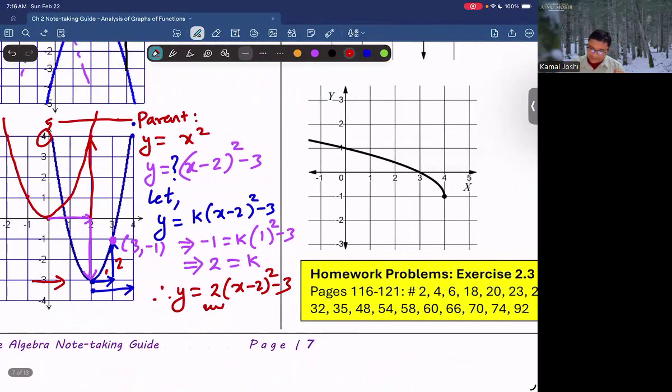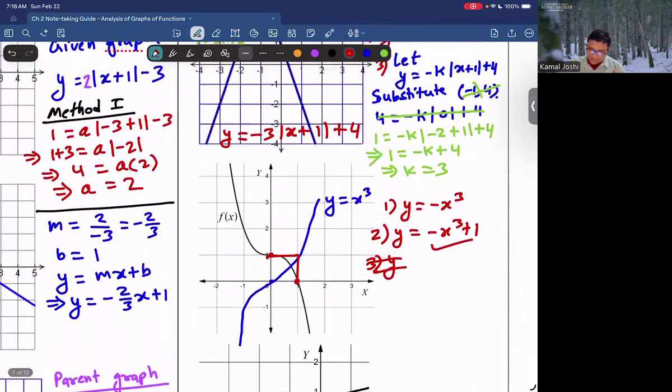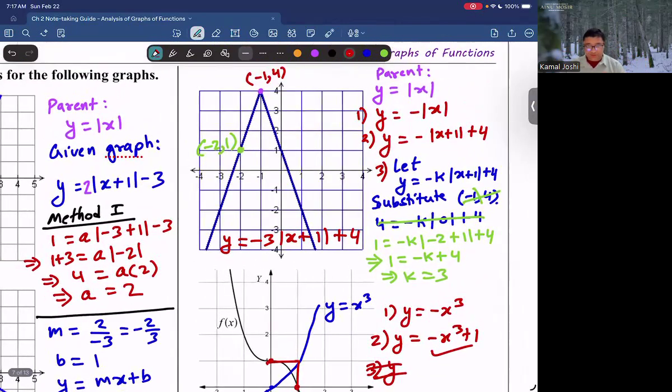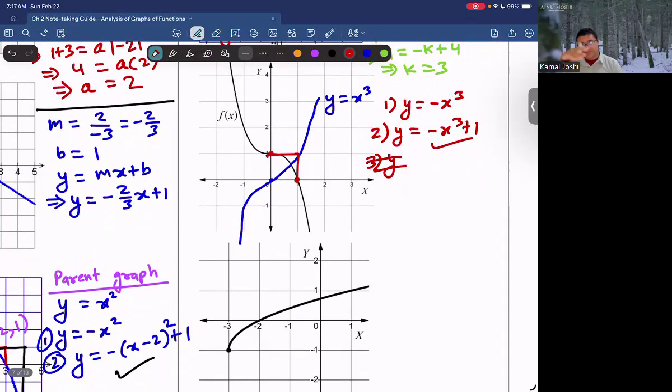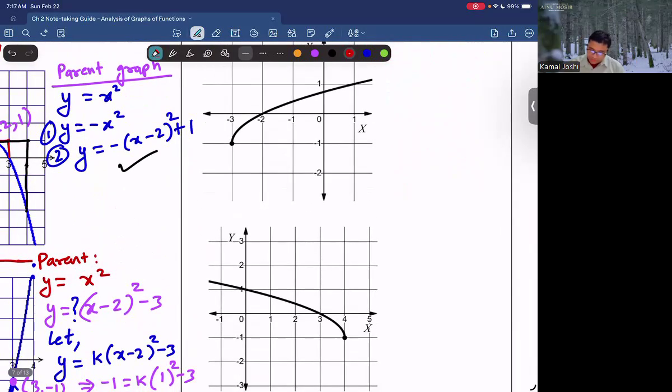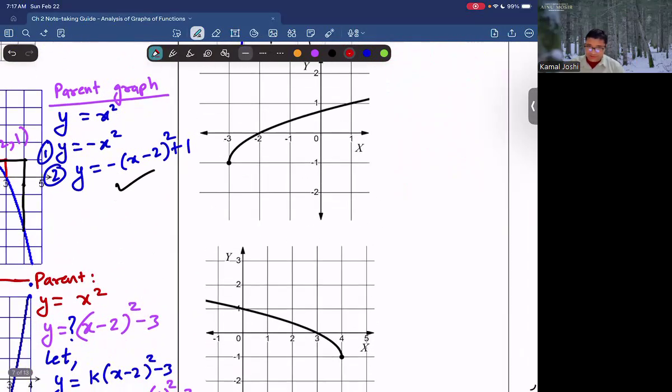And then we did the inverted absolute value function, and the last problem we saw was the cube function, okay, which was reflected and then shifted up. We have two more to go here, and as you see the graph, you can understand what the parent function is, and look at the shifts and see if anything has been stretched.